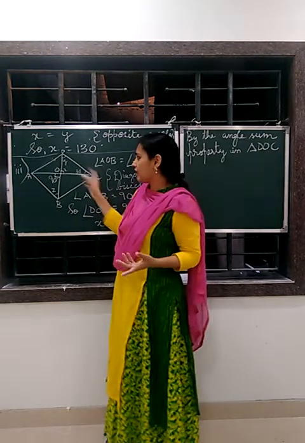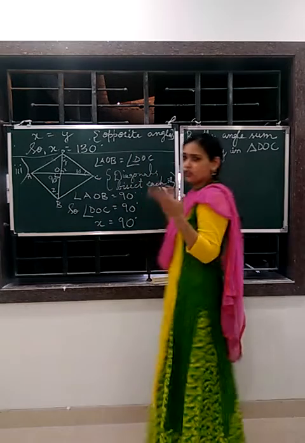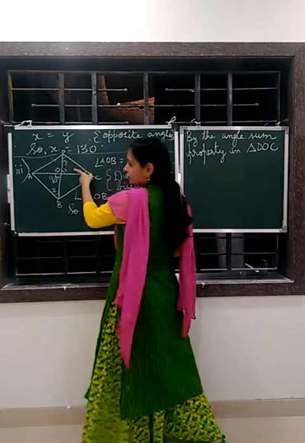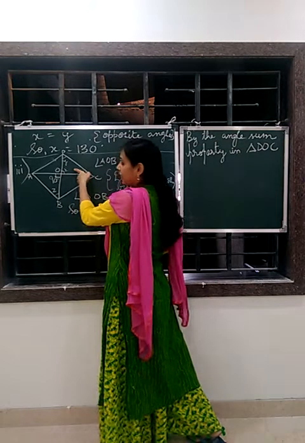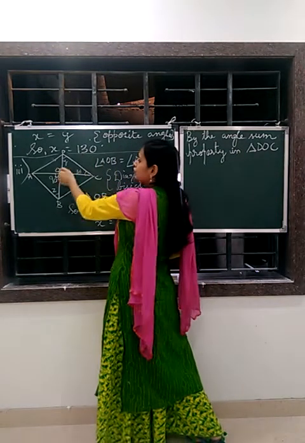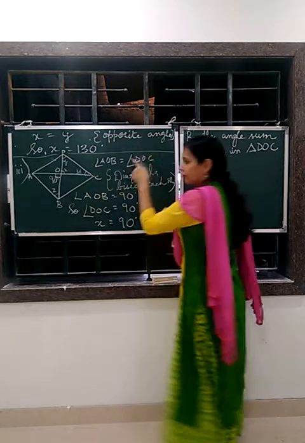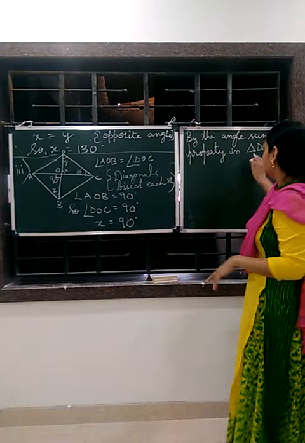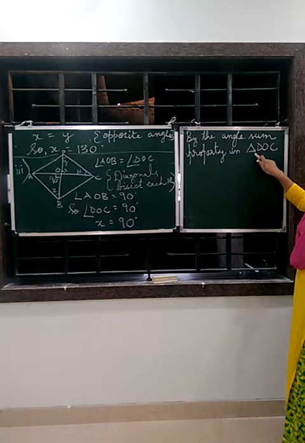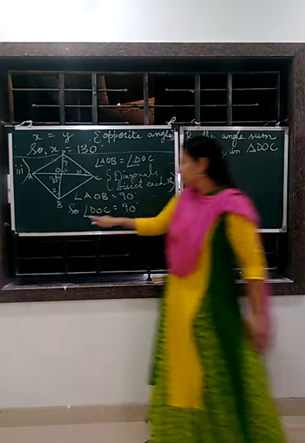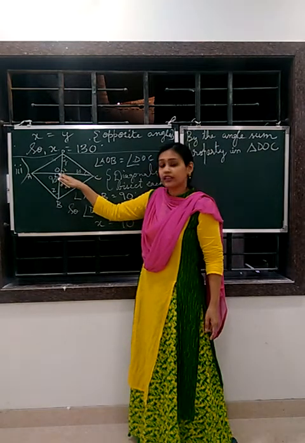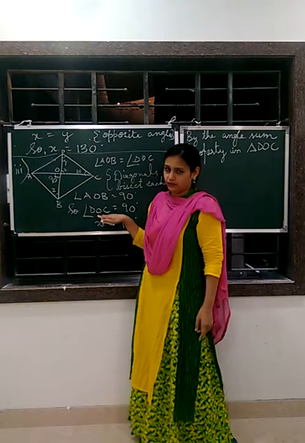Because it's a triangle, we are talking about the inner part. So names can be written anyhow, but you cannot write A or B, because A and B are not there here. So you need to take only those alphabets which are there. You can write them in any order because you are talking about the triangle. But when you are talking about any angle, very important, the vertex of the angle you are talking about should be in the center.